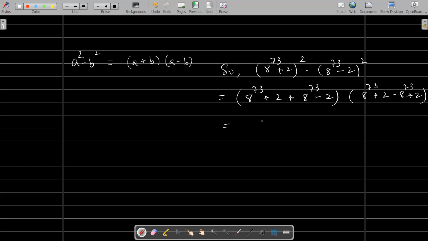I think this is a little more tedious than earlier. So this is 2 times 8 raised to 73 into 4. Yeah, this is also simple. Essentially, we are getting the same thing, 8 times 8 raised to 73. That is 8 raised to 74. So n is 74, right?